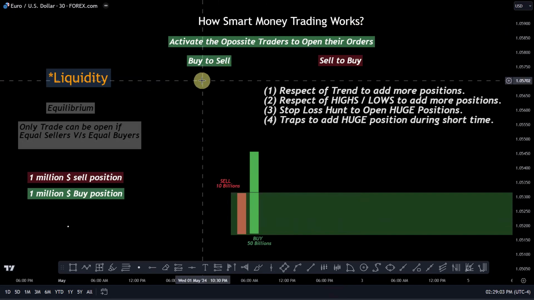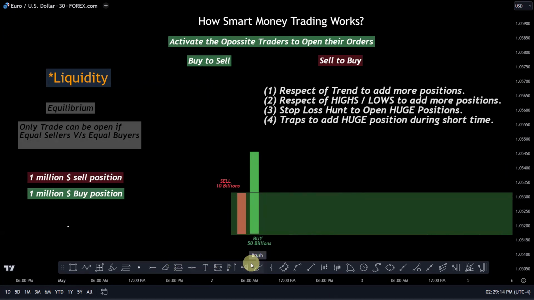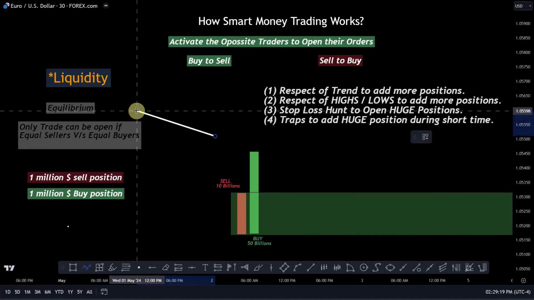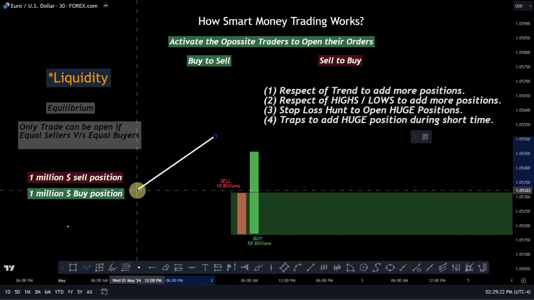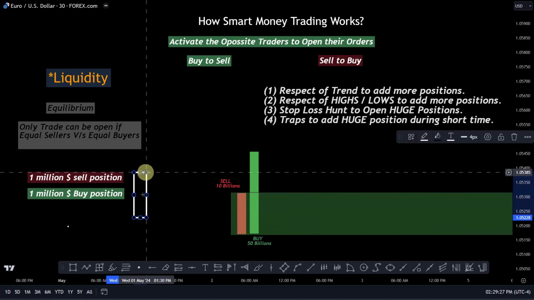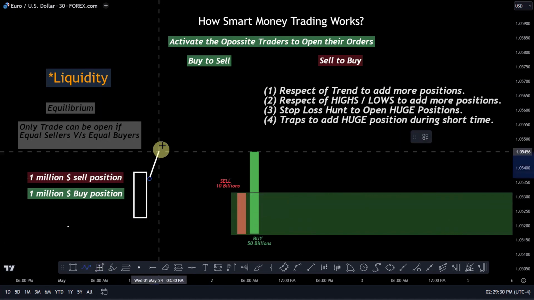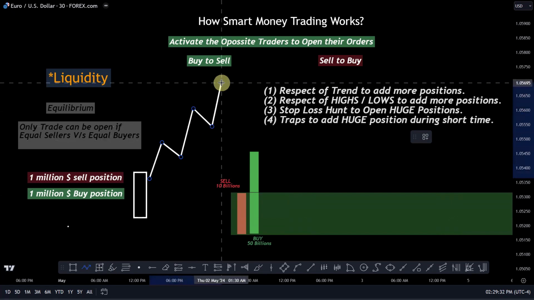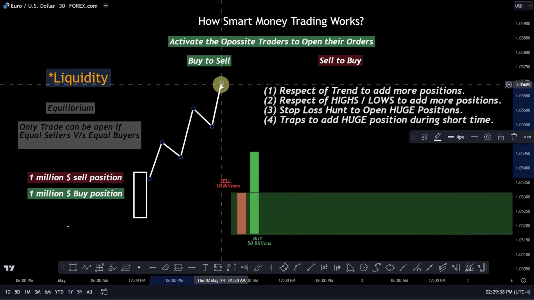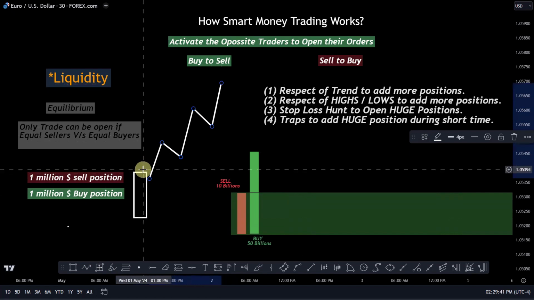So we understand that when we take trades in the market, we take trades in the biggest financial market in the world. That is Forex, crypto, stocks, and futures. When we take trades using brokers, those brokers basically connect the buy trades of buyers with the sell trades of sellers. That means when a buyer opens a position and the market runs in his favor, the buyer is making a profit, but who on the other hand is losing the money that results in the buyer's profit?